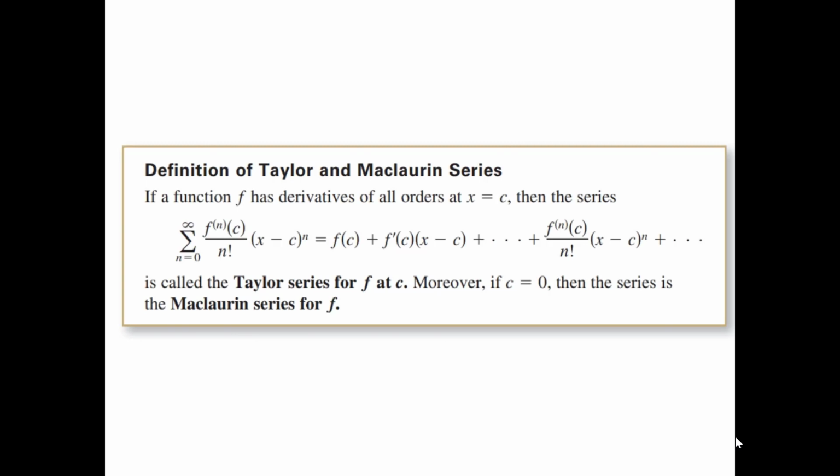But rather than stopping like we did for the polynomials, this is an infinite polynomial and it just goes on forever and ever. And this is called a Taylor series for f at c. Moreover, if c equals 0, then the series is the Maclaurin series for f. So when c is 0, what you have is the Maclaurin series.